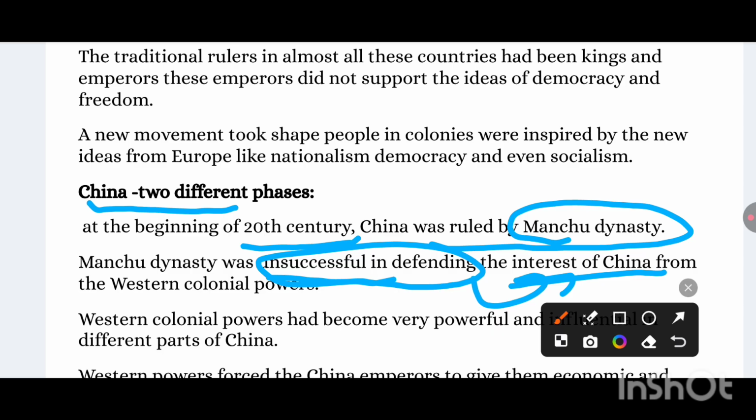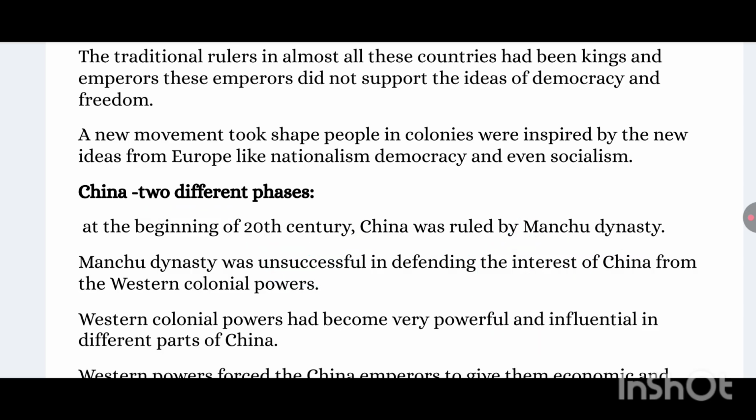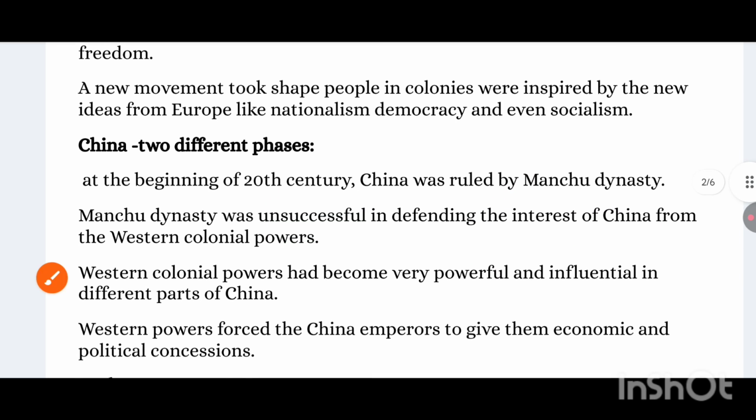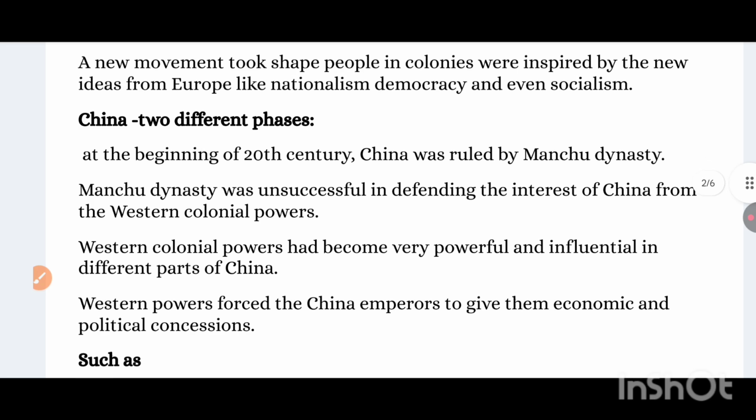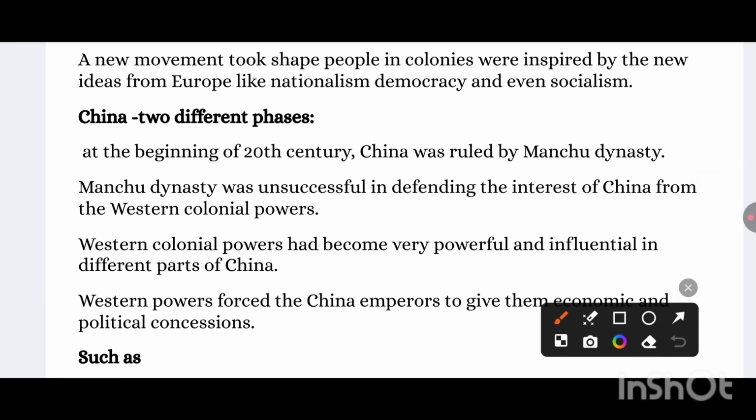It failed to control the Western colonial powers, which had become very powerful and influenced different parts of China. Suppose this is China.